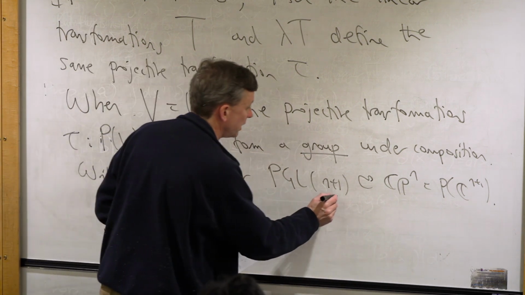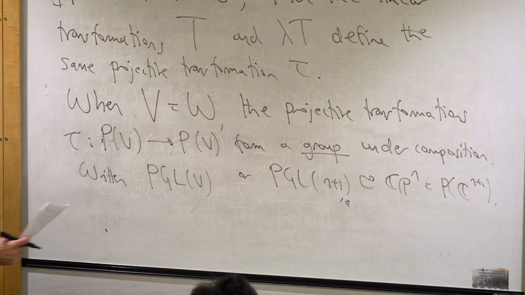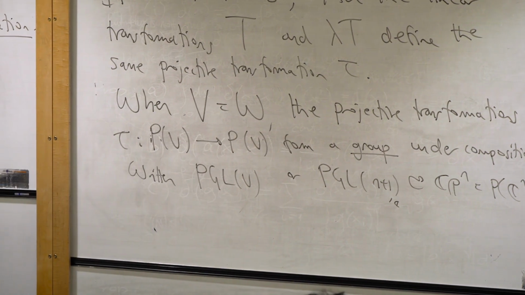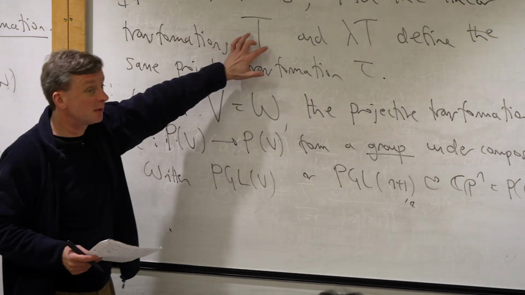Or sometimes PGL(n+1, C). So PGL stands for projective general linear, whereas T would be an element of the general linear group.